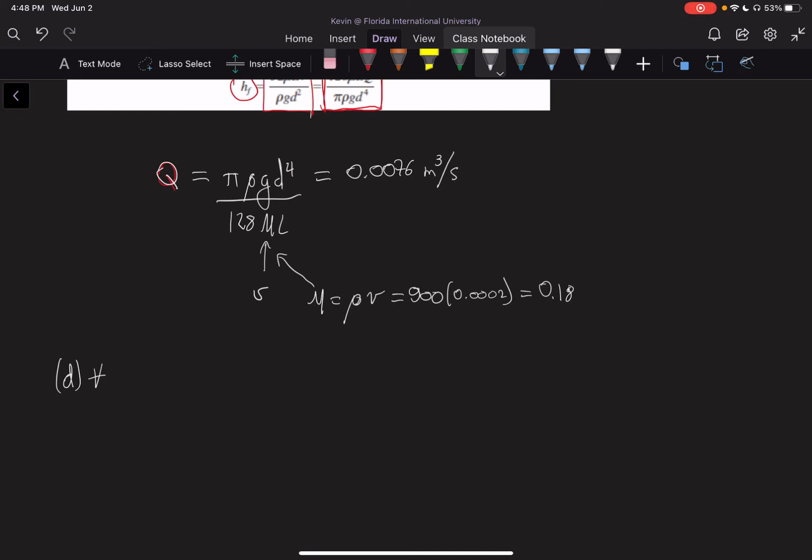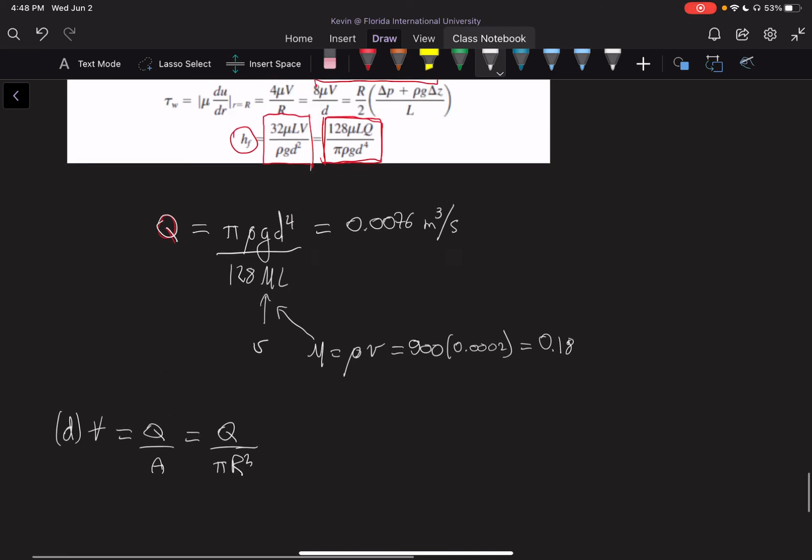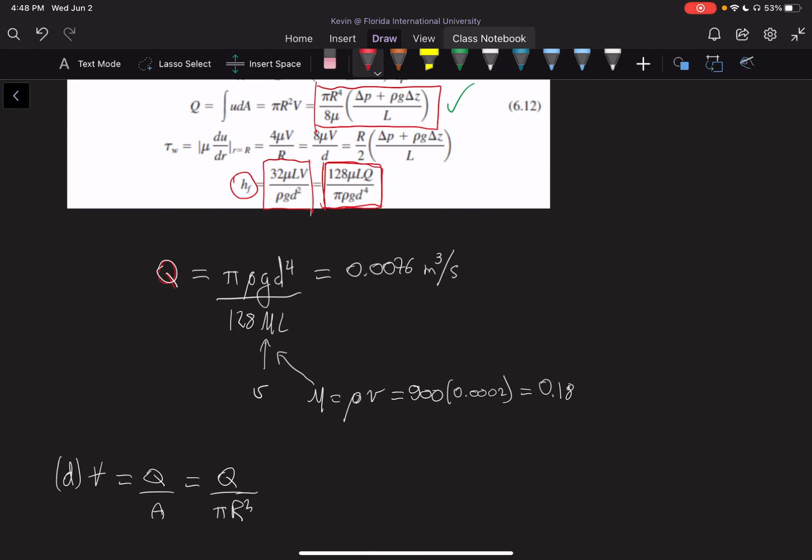Velocity is equal to Q over area, which is Q over pi r squared. We could plug into the equation again, but it is easier to just use the definition of velocity, Q over A. So Q over pi r squared is going to be equal to 2.7 meters per second.